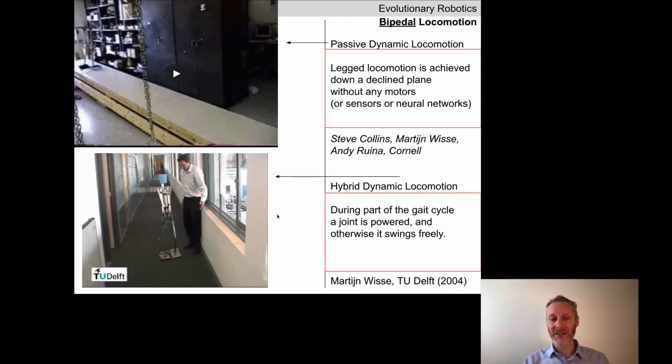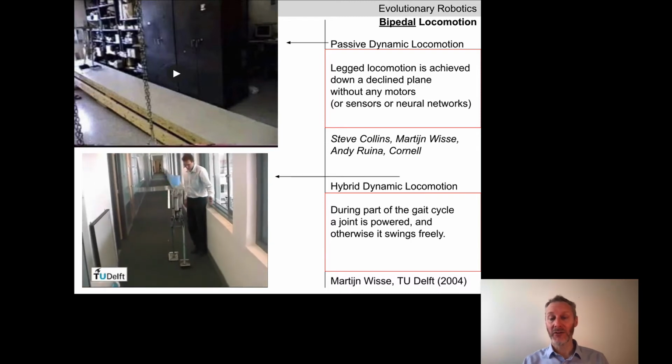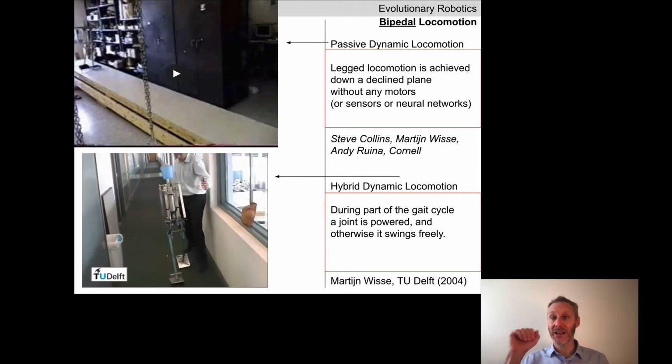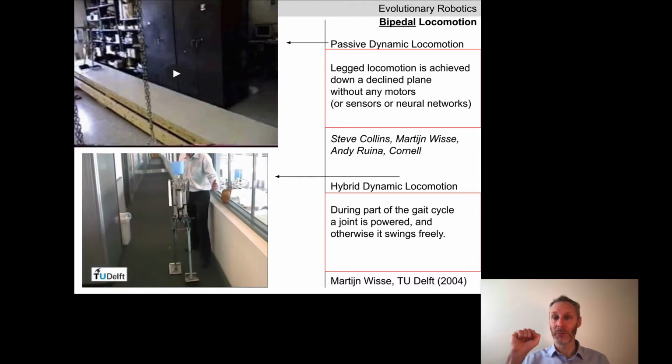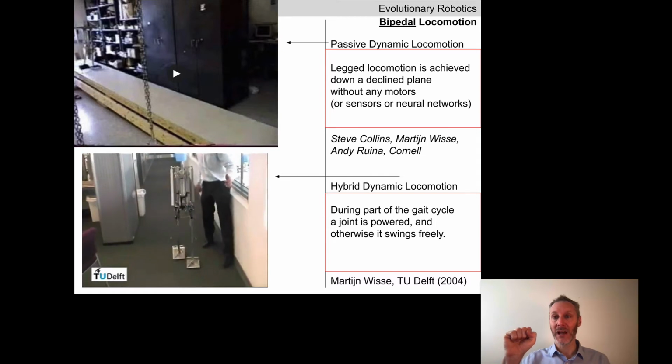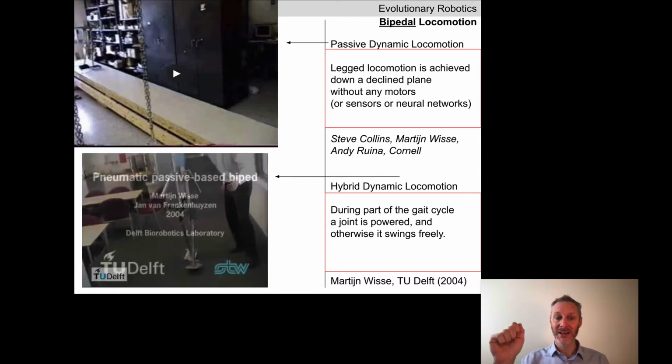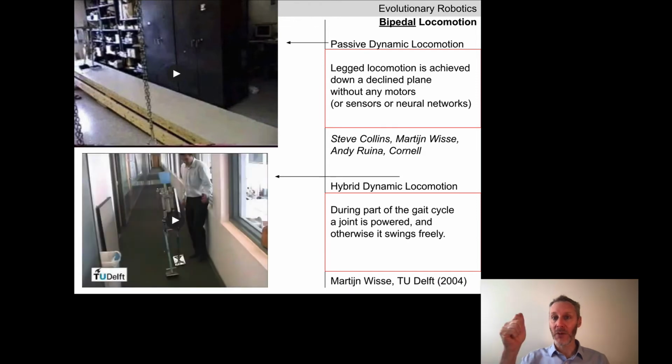The bipedalism derives from the body of the robot, and then this robot gets literally and figuratively a small push. There is a small pulse of torque that is applied to the stance leg when the stance leg is behind the robot to kick it a little bit forward. That motor then turns off and allows the leg to swing forward like a passive pendulum, like our legs do when we walk at a leisurely pace.